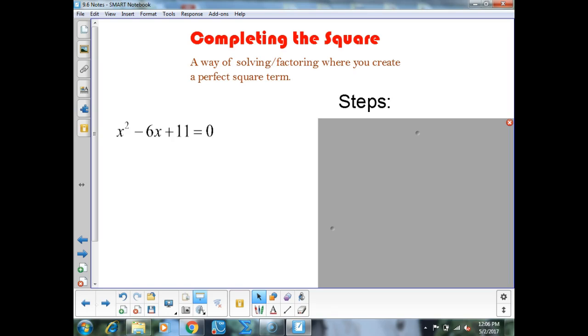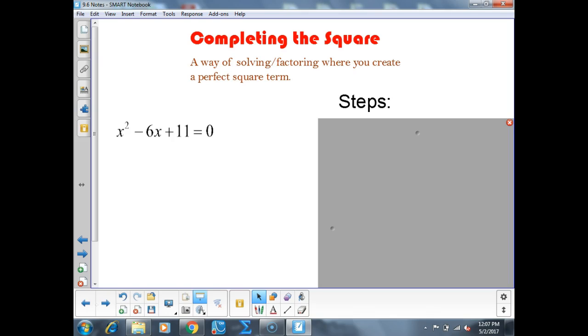You actually have heard of it. Completing the square is a way of solving or factoring where you create a perfect square trinomial, and then we use that to solve the problem.